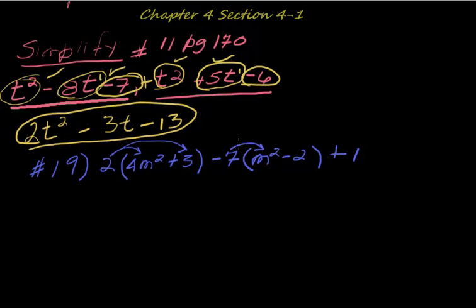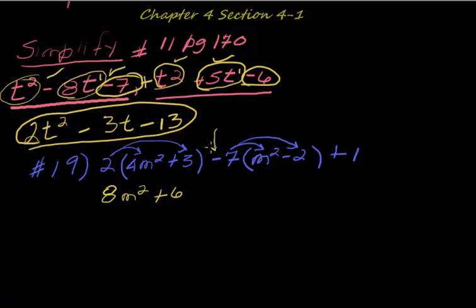Doing these operations, we will then need to combine like terms. So we look at this and we have 2 times 4m squared, which means we have 8m squared. And in this distribution, we have 2 times a positive 3, which is plus 6.